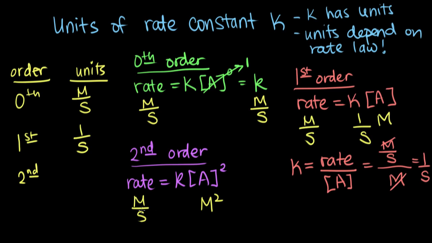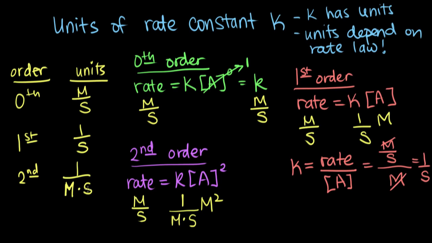So molar squared times something is equal to molar per second. We need to add a 1/seconds in our units for K because we need to make sure when we multiply these, we get the seconds on the bottom. And we need to cancel out one of these concentration terms, so we need to put molar in the denominator as well.